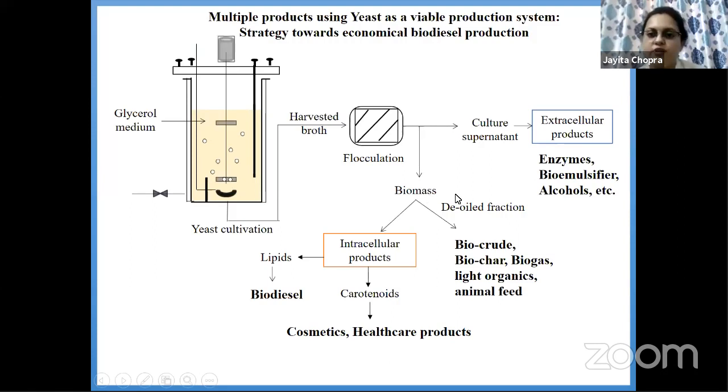The de-oiled fraction, which is almost waste and usually discarded after lipid extraction, can be valorized to produce biocrude, biochar, light organics, or even animal feed applications. And the cultured supernatant will have the extracellular products like enzymes, bioemulsifier, and alcohols. So these are the possible products that we can get using yeast as the feedstock.